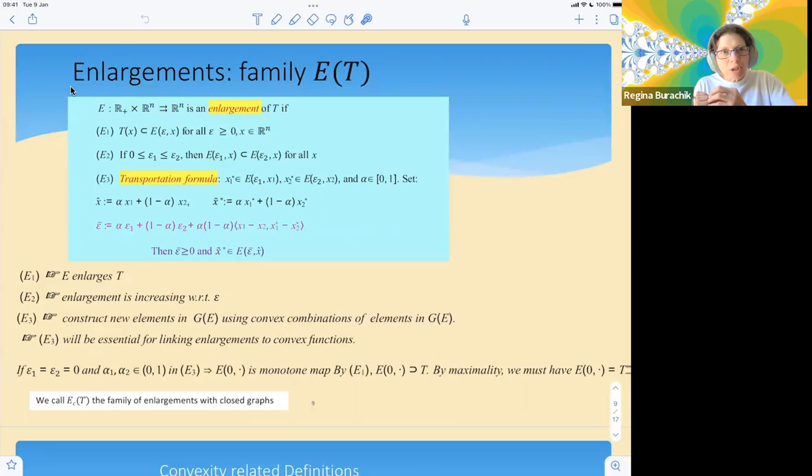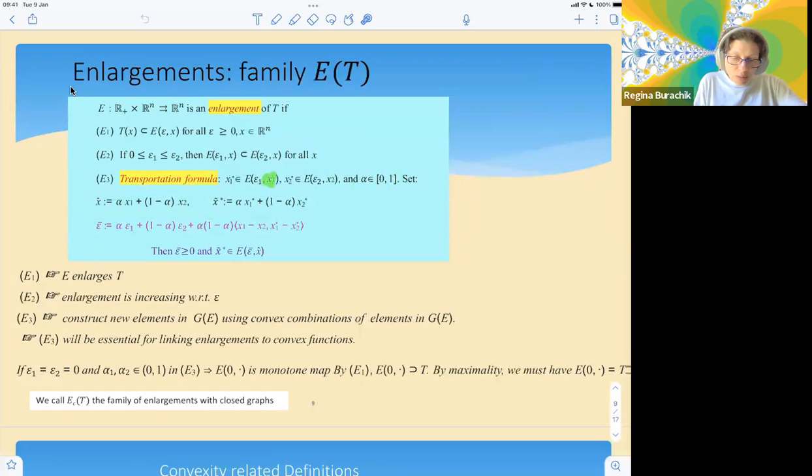So what is this transportation formula? You take two elements in the graph of this enlargement, and of course they have a domain, epsilon 1, x1 and epsilon 2, x2, and then you construct, by using an alpha, a convex coefficient, the convex combination of both elements.